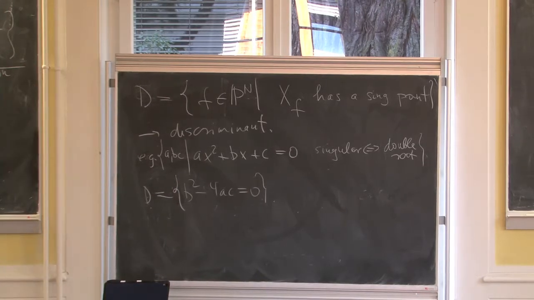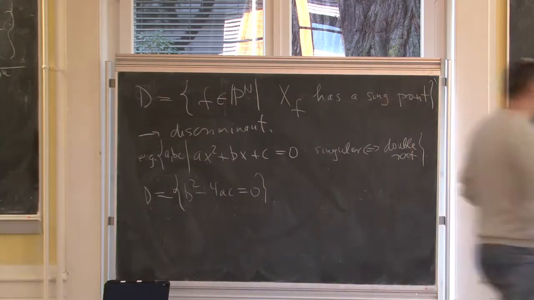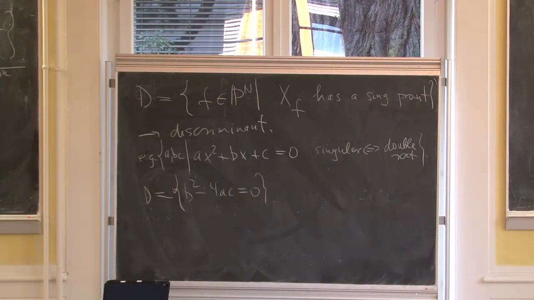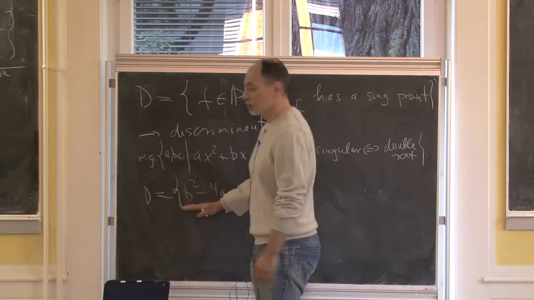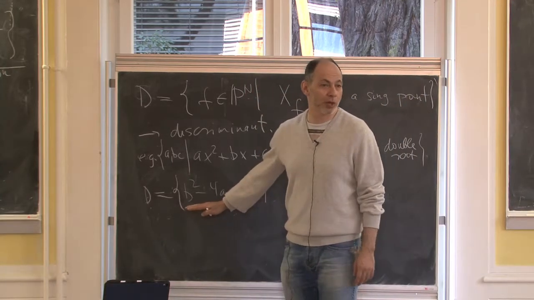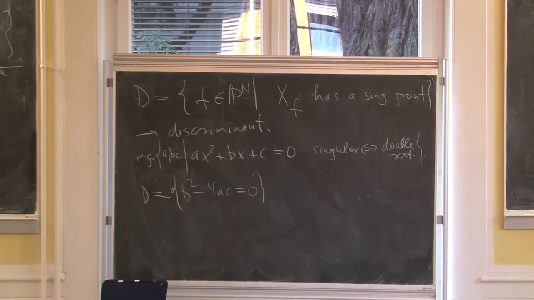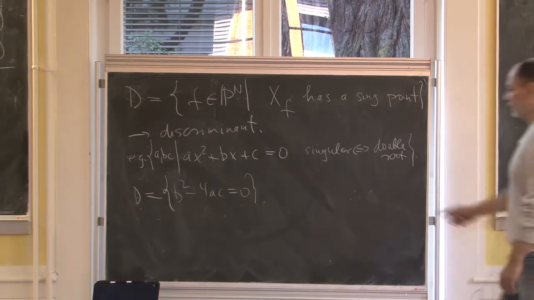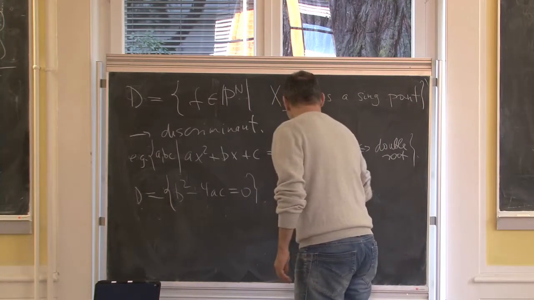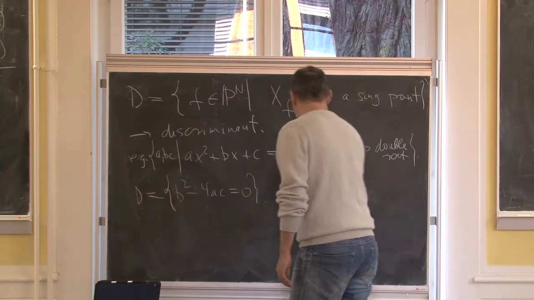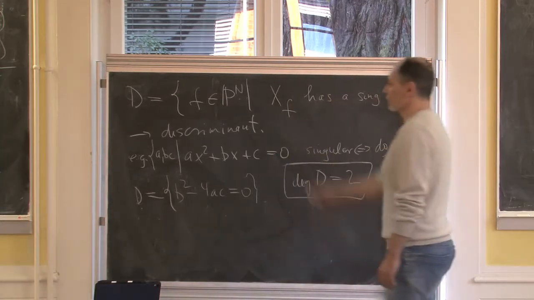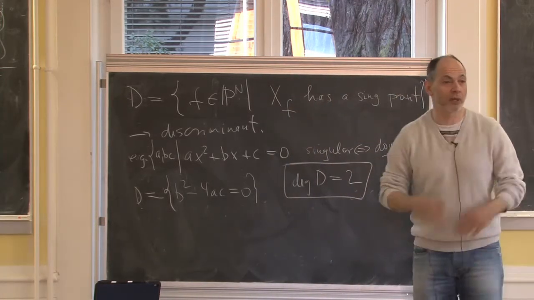So this is what you learn in elementary school, and so what we are trying to do now is to generalize this. So the degree of D is equal to 2 in this case, and we just try to calculate this number now for any d and n.